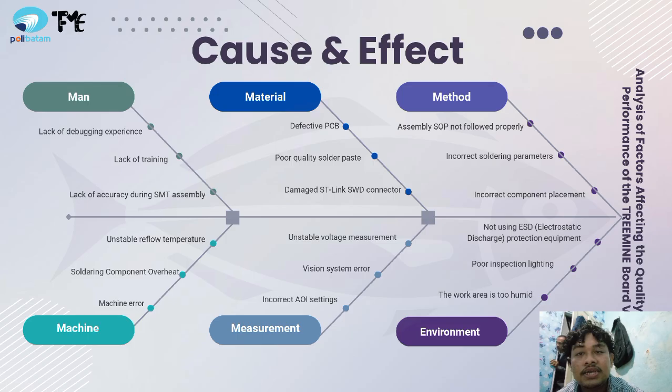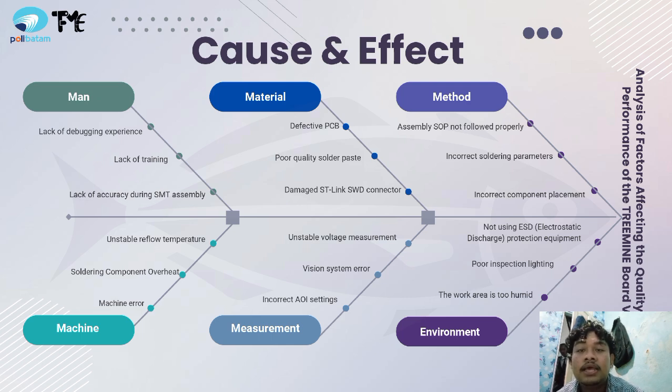Cause and effect. This slide shows an analysis of factors that may affect the quality and performance of the main board V2. The causes are grouped into 6 categories. The first category is man, which includes factors such as lack of debugging, lack of training, and limited SMT assembly skills.